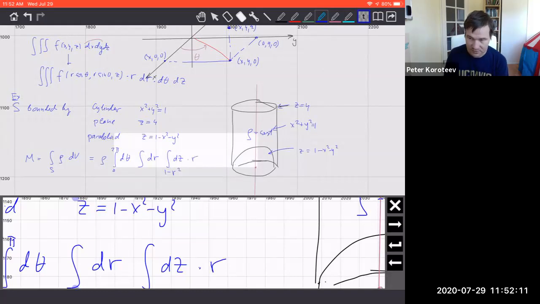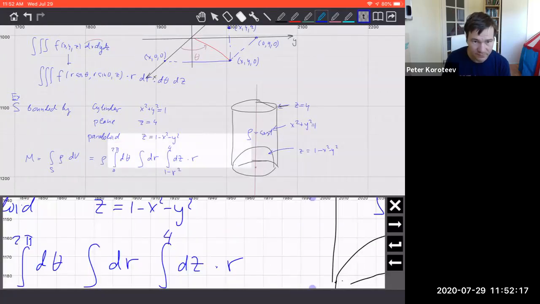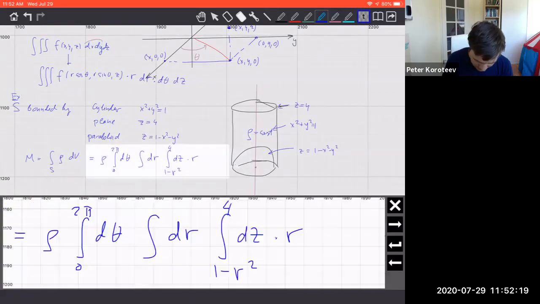So there will be r from the change of variables, an integral from 1 minus r squared to 4, right? And in r, there will be an integral from 0 to 1, right? Okay, does everybody agree?